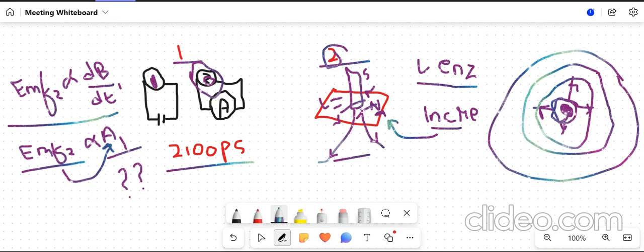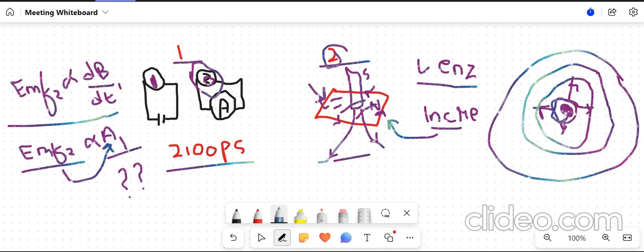On the one loop condition, no matter what, this loop is very important because that is the only loop. It will define the change in magnetic flux through that loop, and the area of that loop will also be very important because that's the only loop. Okay, so this is the very non-intuitive concept you will find.